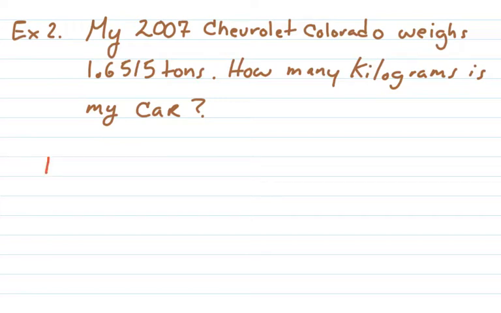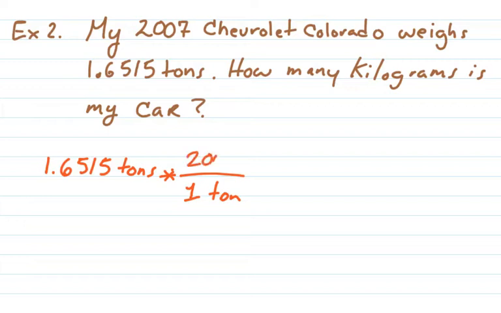So we have 1.6515 tons. My first conversion factor is going to convert tons to pounds, because I know that there's 2.2 pounds in a kilogram. So I want to get this ton number to pounds. So I know that 1 ton is 2,000 pounds. That cancels out the tons.